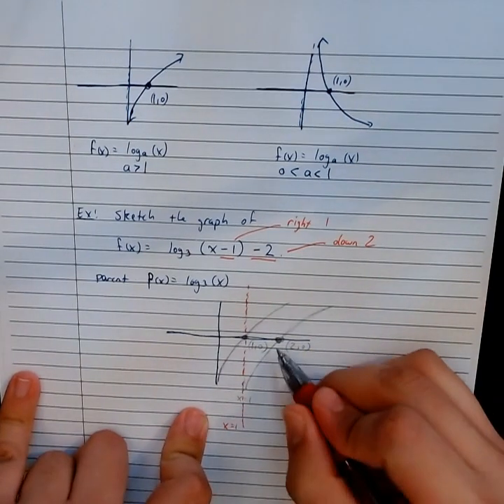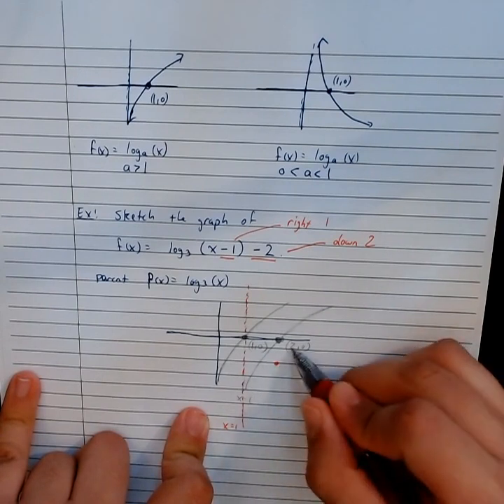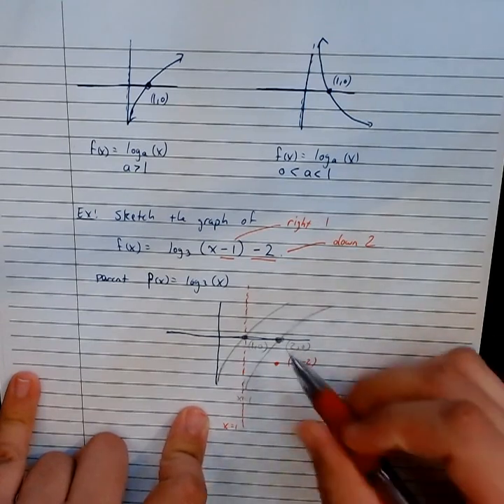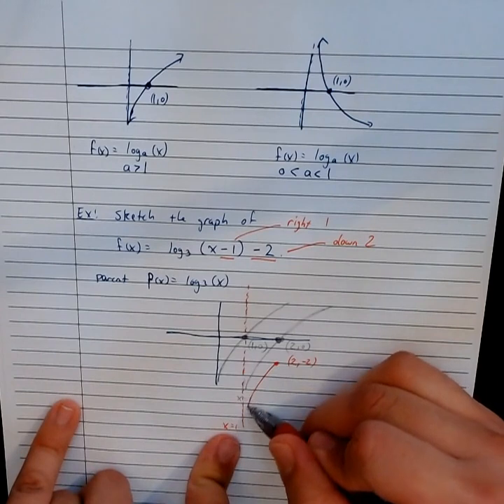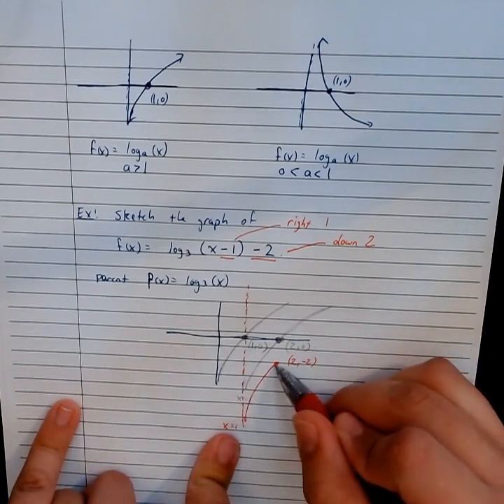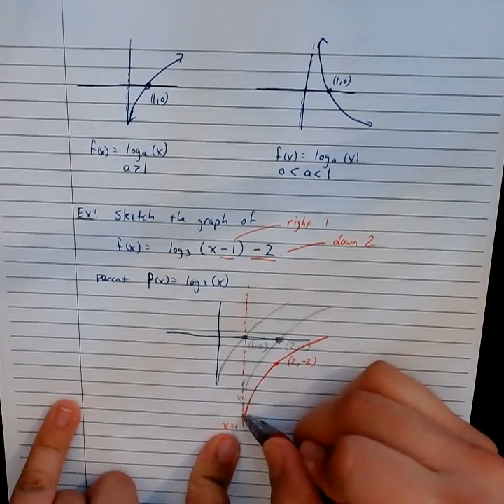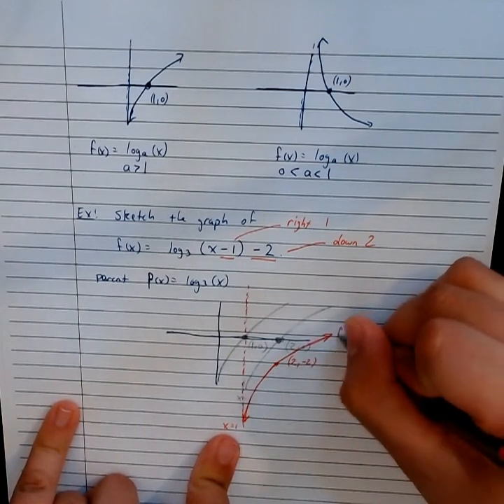But now, this point will go down 2 steps, 1, 2. And now instead of being 2, 0, this would be 2, negative 2. Now it still has this shape. It's going to go down toward the asymptote on the left and up and out toward the right. And there's my graph. Here's my f of x.